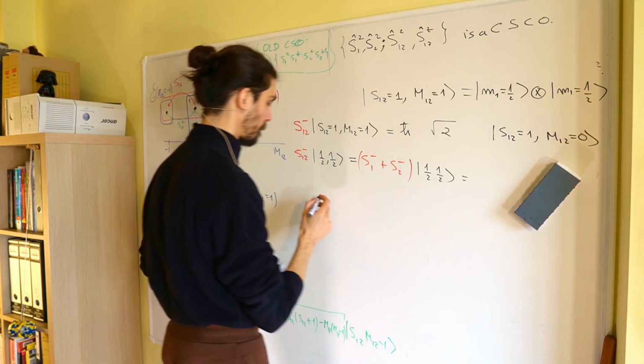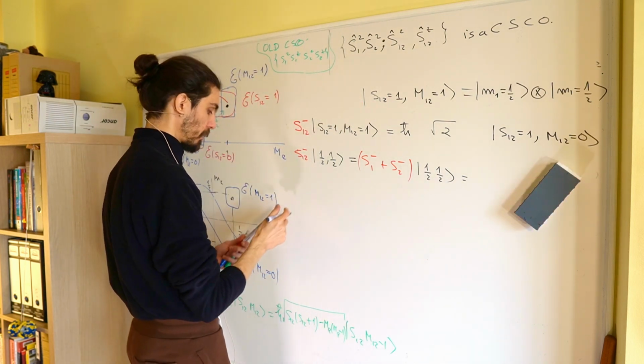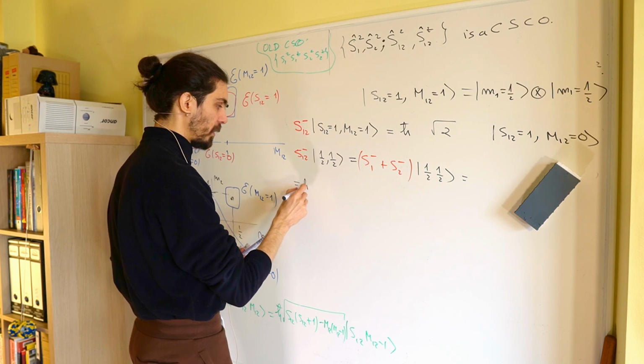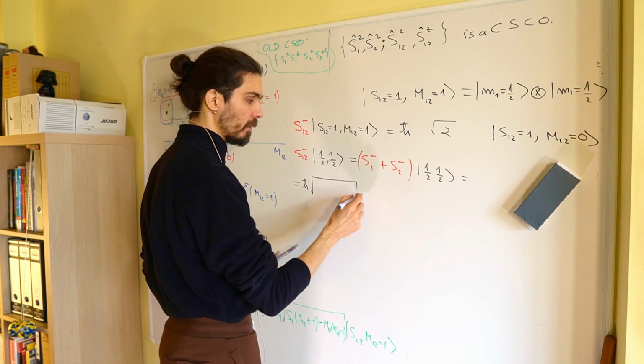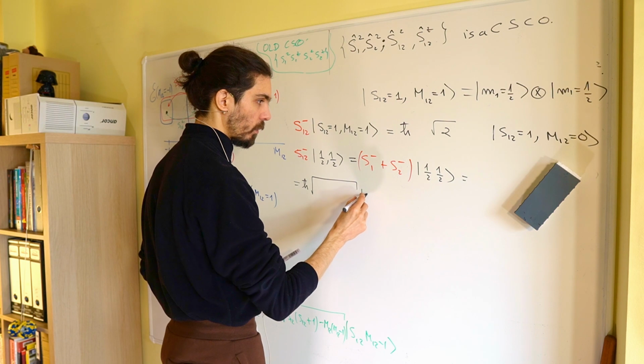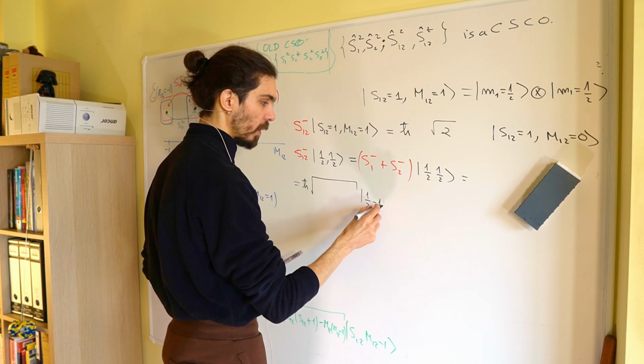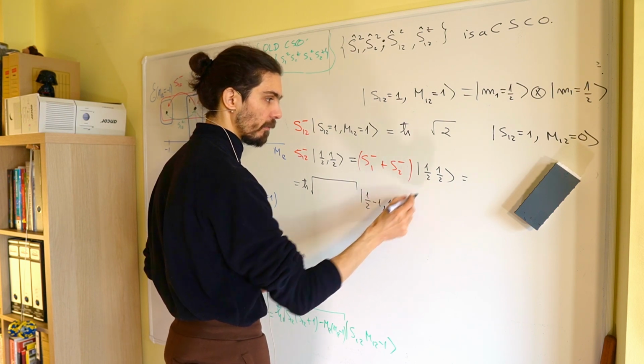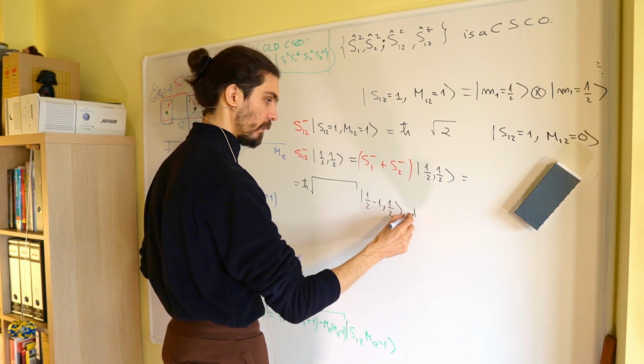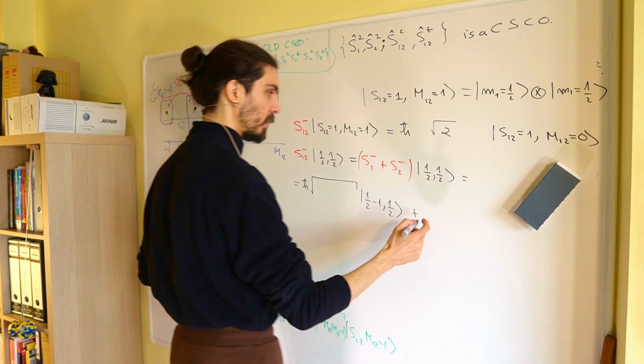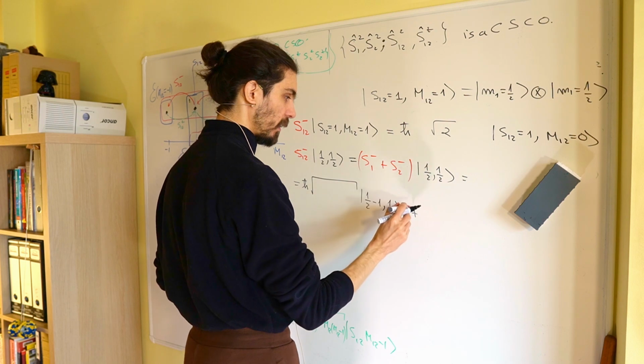Let's write the answer immediately: h bar, a complicated number, and you get 1f minus 1f, plus this one acting on this one. This minus, by the way, is this minus here.